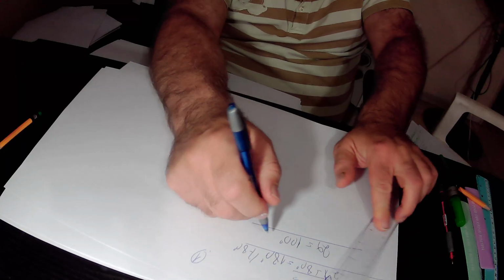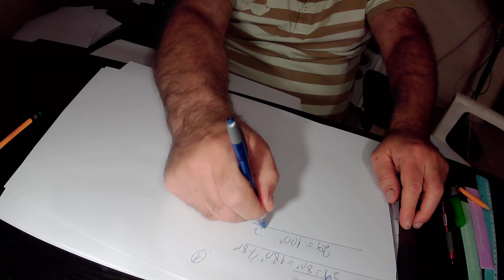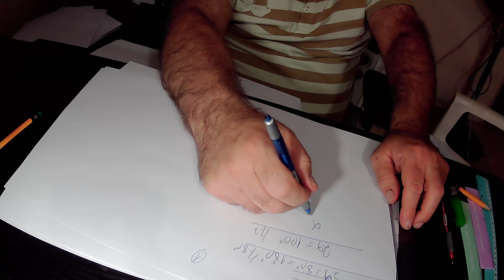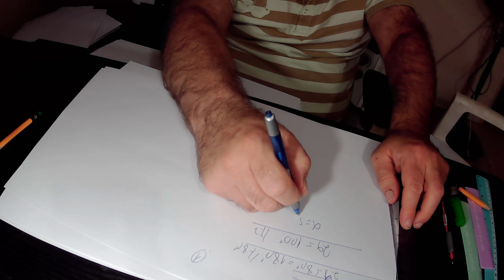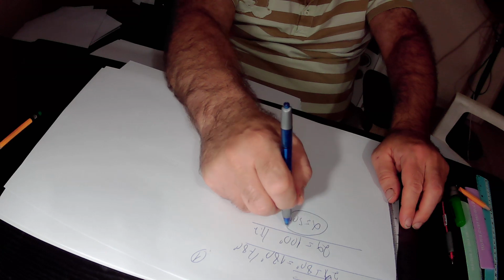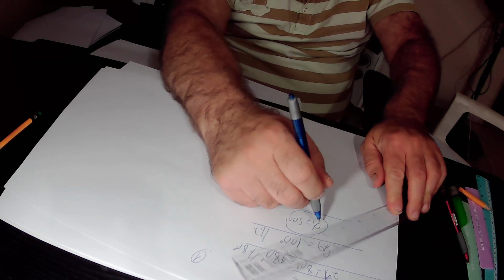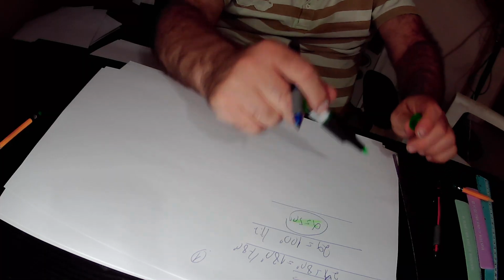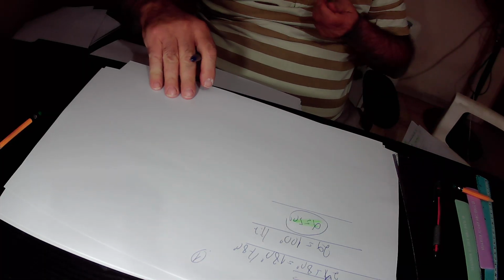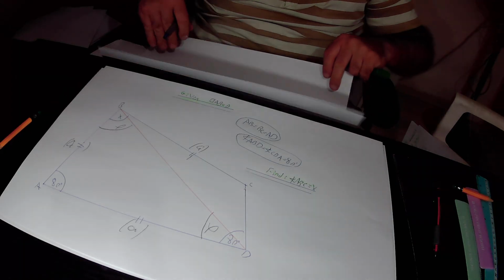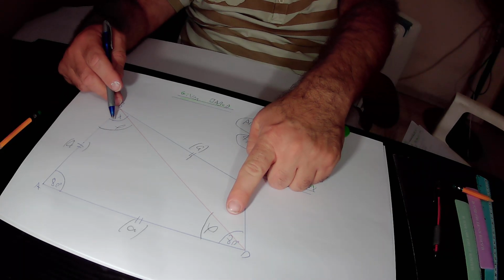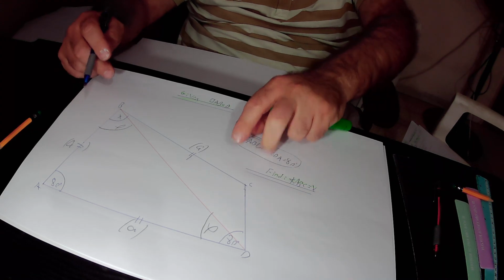Here we will divide this equation by 2. We get that the missing angle alpha equals 100 degrees over 2, which is 50 degrees. Those two angles are both equal to alpha, so each of them is equal to 50 degrees in its size.